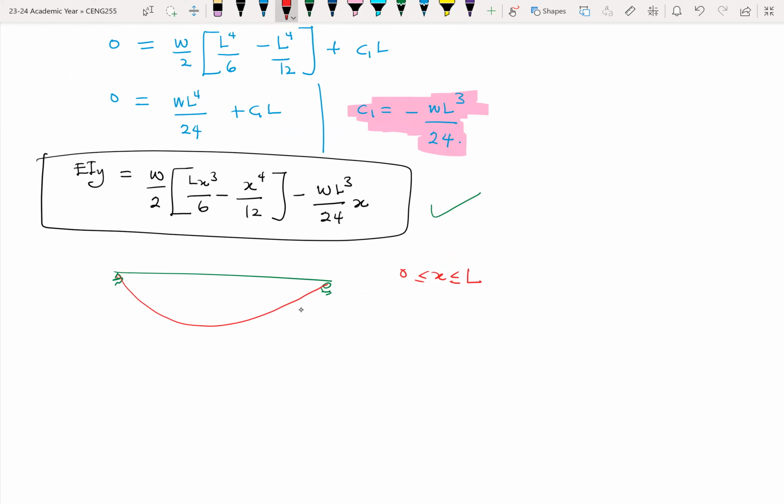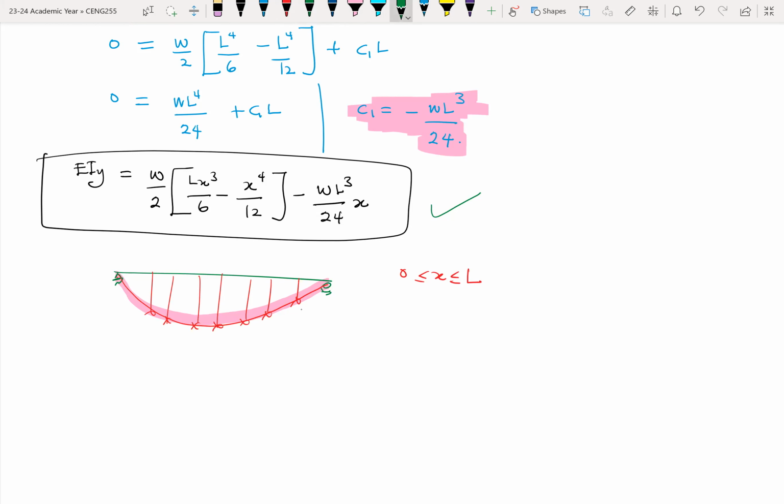If x is 1, you get a value for y. So you get values for y at different locations of x. And these points, when joined together, give us the curve as we have it. All right. So this curve is drawn using the above equation.